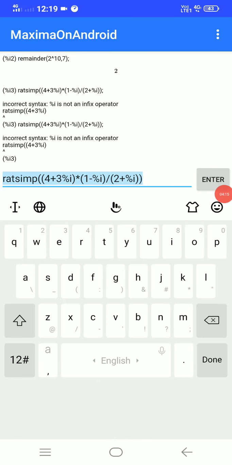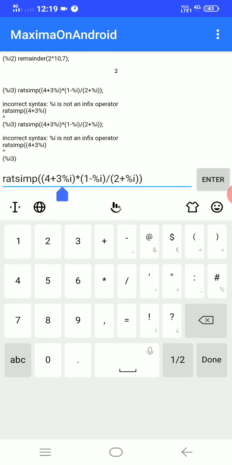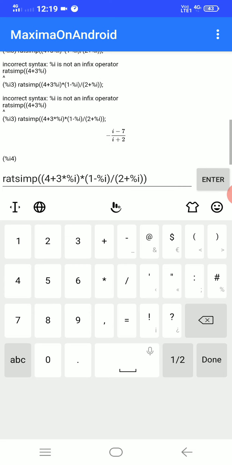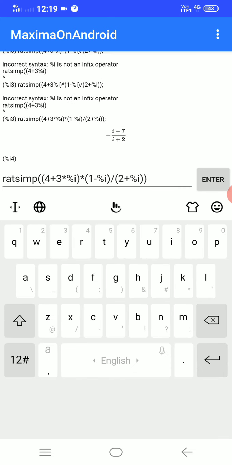There is multiplication with 3i, so we use star for multiplication, then enter. We get the output of 4 plus 3i into 1 minus i divided by 2 plus i. So this is the output.